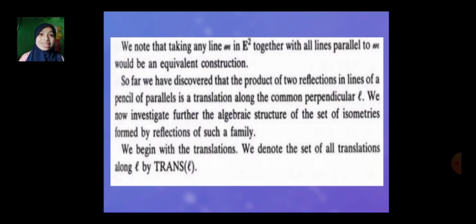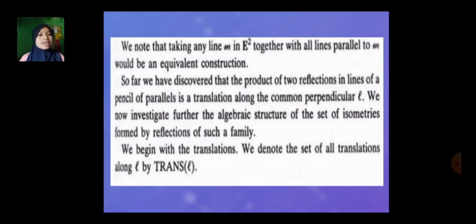So now we know and we discovered that the product of two reflections in lines of a pencil of parallels with common perpendicular line L is a translation. So we need to take note that the product of two reflections in lines of a pencil of parallels with a common perpendicular L is a translation.